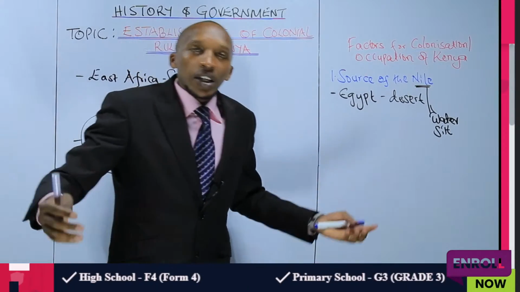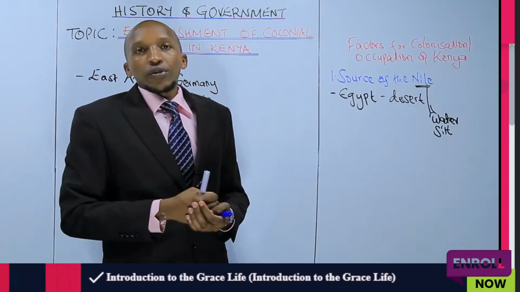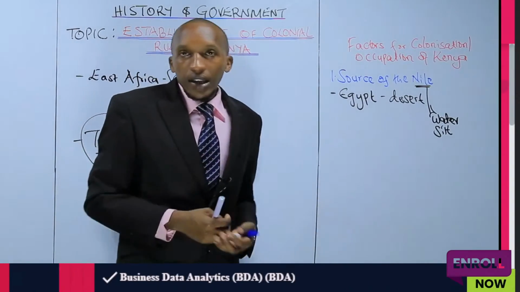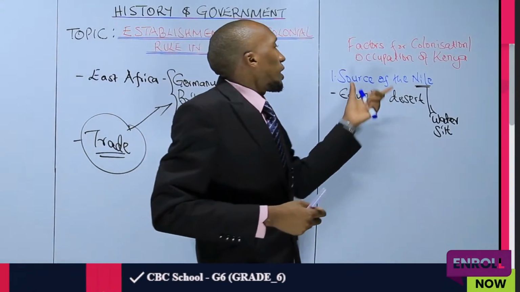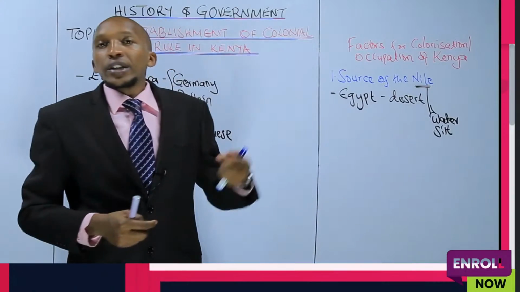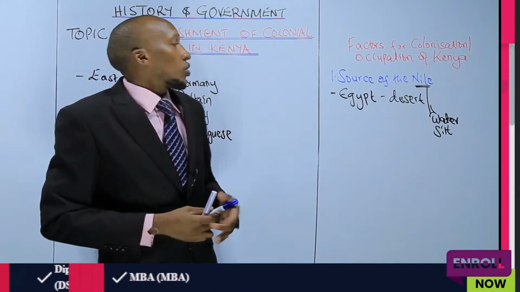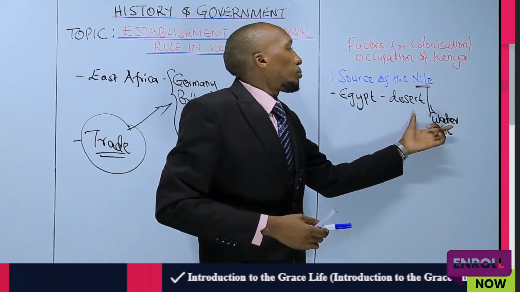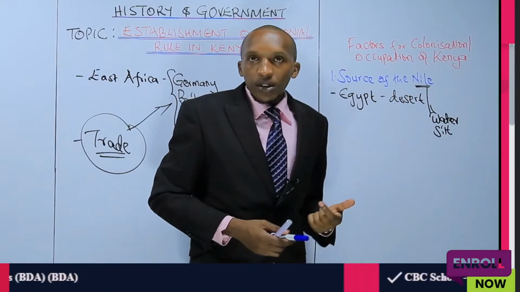So it carries along the topsoil from the East African highlands, the Ethiopian highlands. So it was very essential for the British to occupy Kenya and Uganda, being one at that time the British protectorate, so that they are able to protect the source of river Nile.